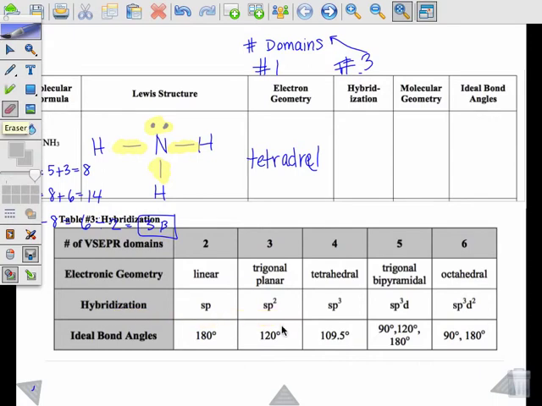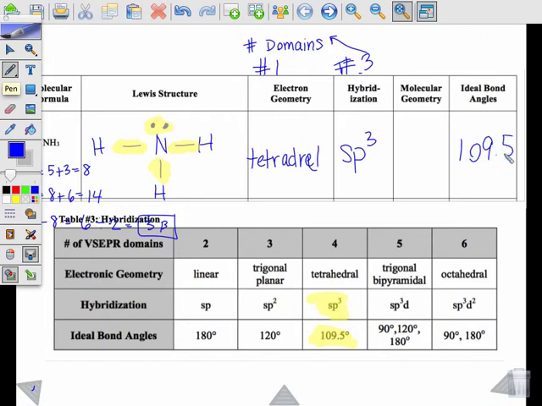Okay, and if I look at chart number 3, I see that if I have 4 domains, my hybridization is sp3. Do you see this is all coming from a chart? I don't have any of this memorized. I'm just pretty much finding the right domain and then finding the right information. And if you want to kind of shorten your length here, I can also figure out from chart number 3 that the bond angle is 109.5.